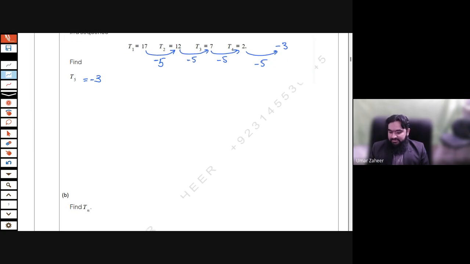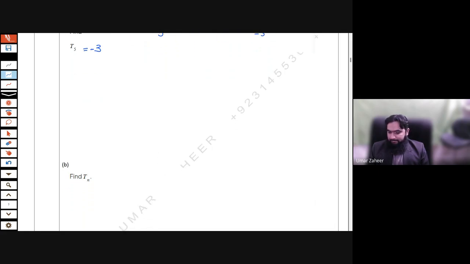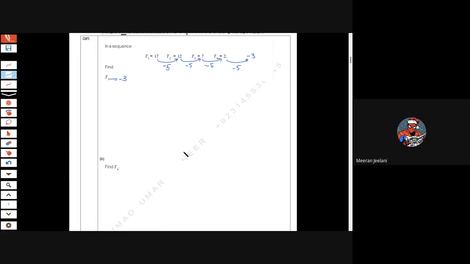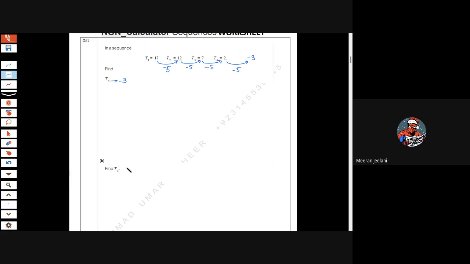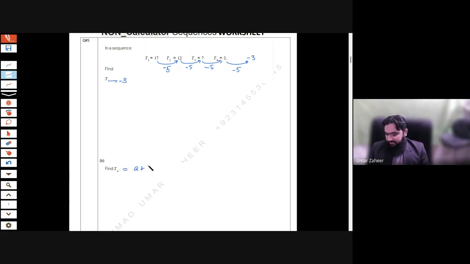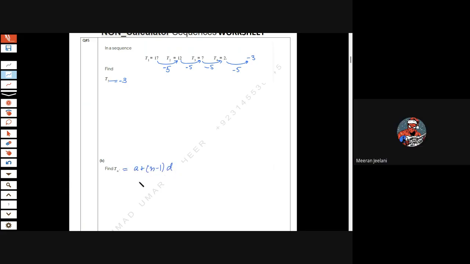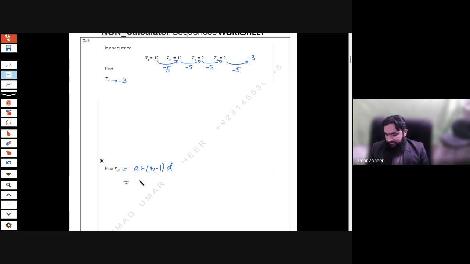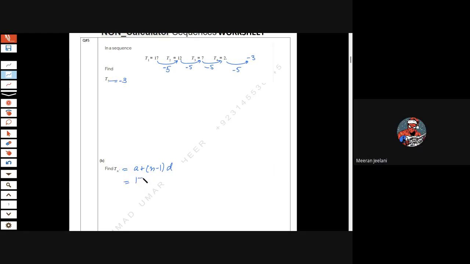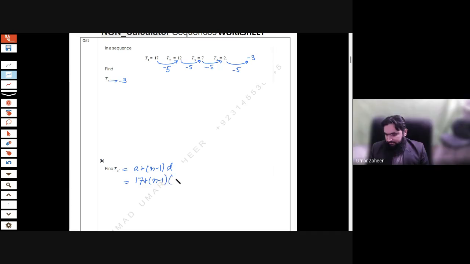In the next part, he says that you have to find the nth term. How do we find it? We'll write the formula for the nth term: a plus n minus 1 times the difference. What is a? a is 17, and d is minus 5.